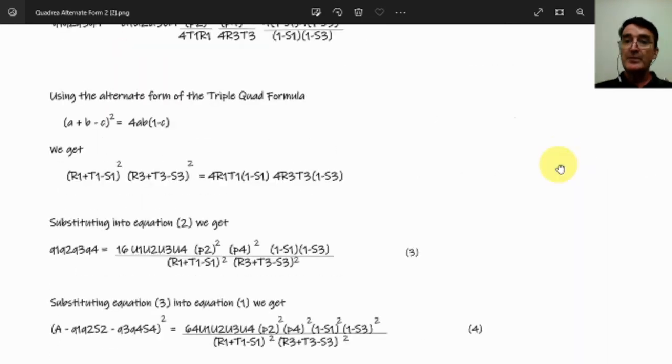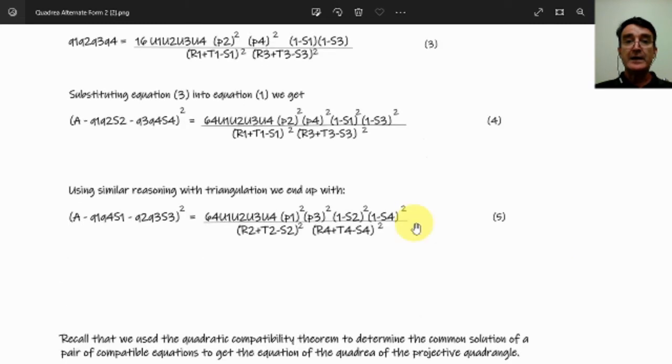And when we apply similar reasoning, we end up with equation 5, which is (A minus Q1 times Q4 minus S1 minus Q2 times Q3 minus S3) all squared is equal to 64 times U1 times U2 times U3 times U4 times P1 squared times P3 squared times (1 minus S2) squared times (1 minus S4) squared, all of that divided by (R2 plus T2 minus S2) squared times (R4 plus T4 minus S4) squared.